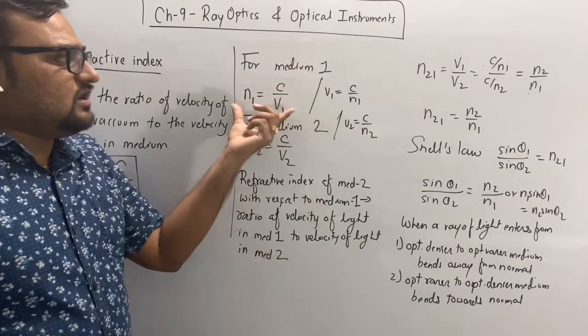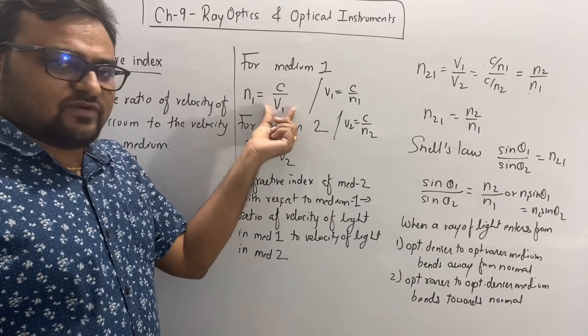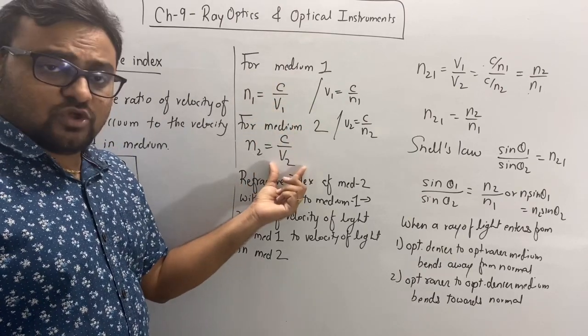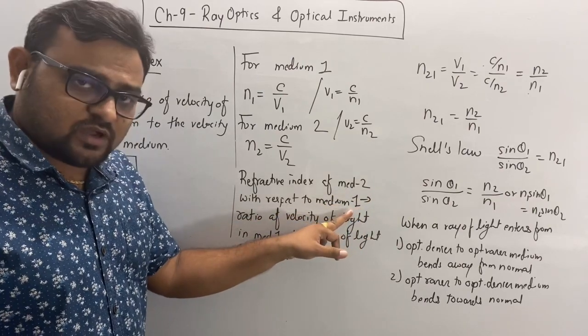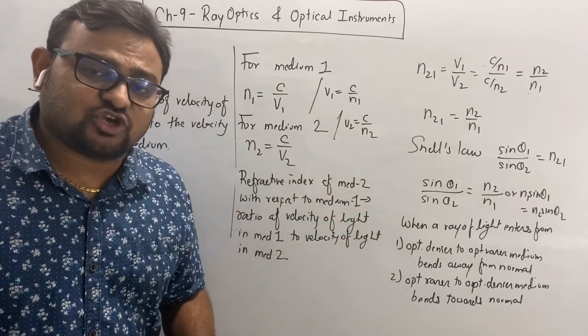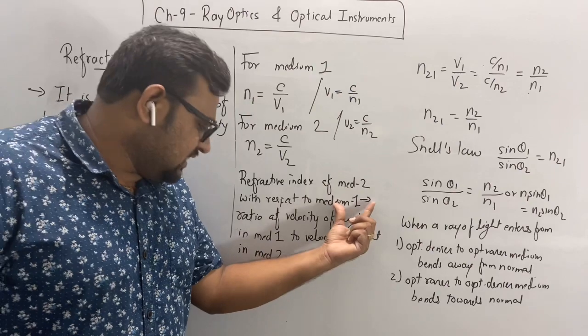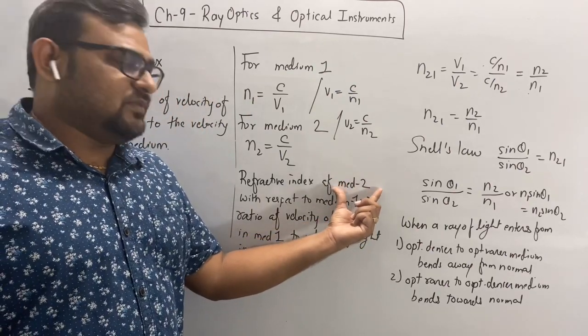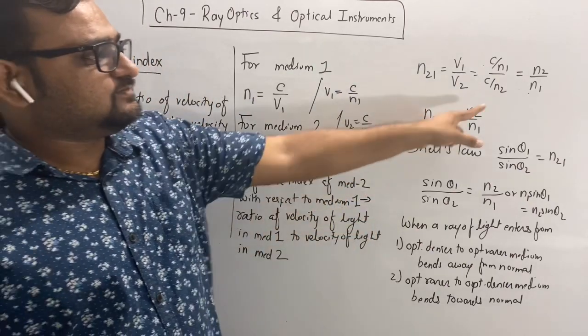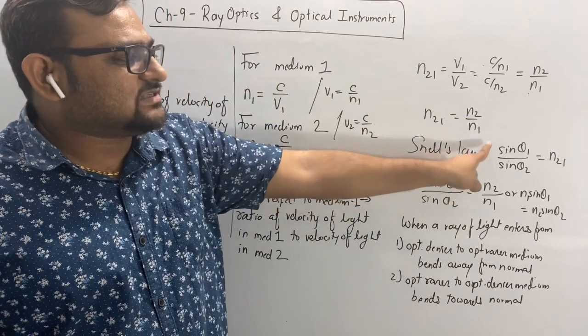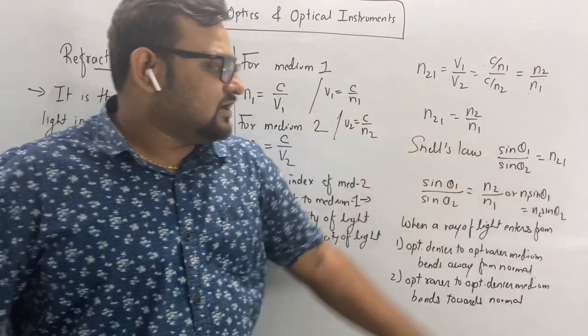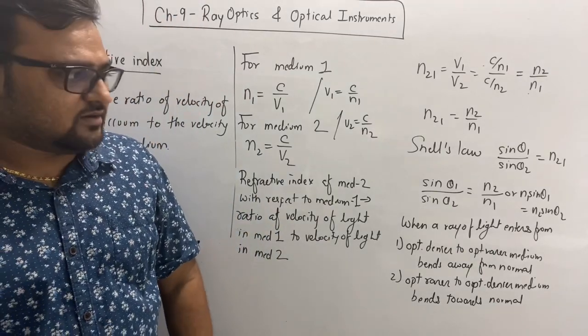For medium 1, the refractive index will be c by v1, and for medium 2, c by v2. To find the refractive index of medium 2 with respect to medium 1, I have to take the ratio of velocity of light in medium 1 to velocity of light in medium 2. So I get n2 by n1. Putting in Snell's law, I get sine theta 1 by sine theta 2 equal to n21.